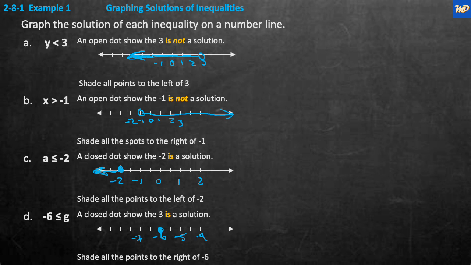And -6 is less than g, which means that g is everything greater than -6, right? If -6 is less than or equal to g, then everything above -6 is a solution to that graph. As you see down at the bottom, it says shade all points to the right of -6.